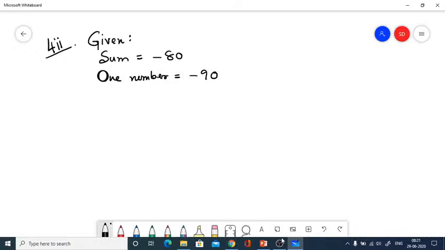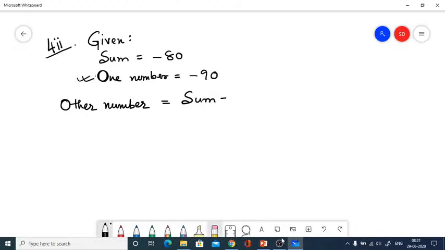I've given you the formula: other number is equal to sum minus the given number. This is the given number, isn't it?